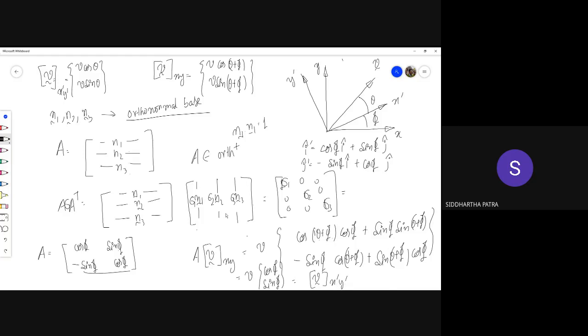So once you take these basis vectors or eigenvectors or principal directions, of course these principal directions are represented in the global Cartesian coordinate system.